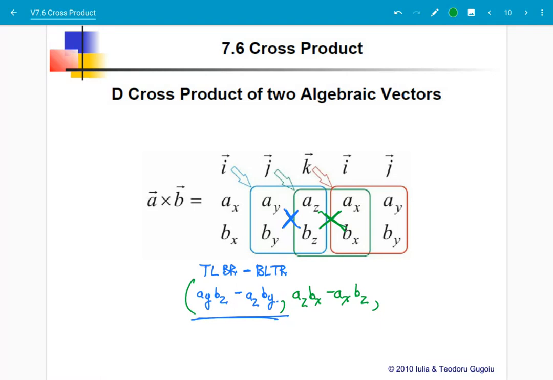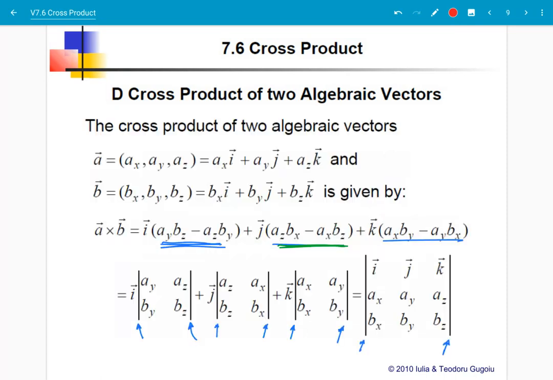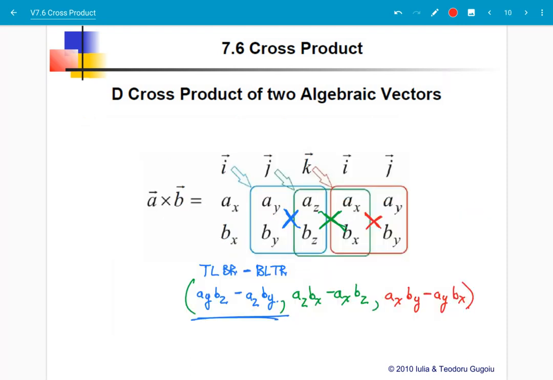And then finally, the z component of the result of cross product, the same idea: top left, Ax, bottom right, By, minus top right, Ay, bottom left, Bx. And you can see that gives you this. So instead of memorizing this complicated formula, we do this algorithm where we list the components and go through it in a certain pattern.